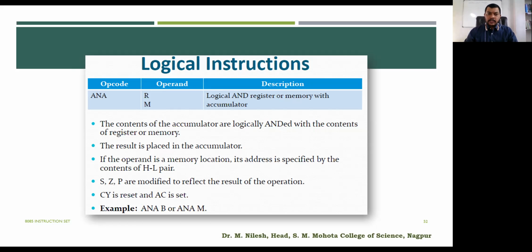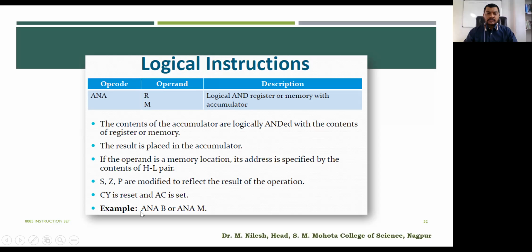The result is placed in the accumulator itself. If the operand is in a memory location, its address is specified by the contents of the register pair HL, as we have already studied. Sign, zero, parity are modified to reflect the result of the operation. Carry is reset and auxiliary carry is set.